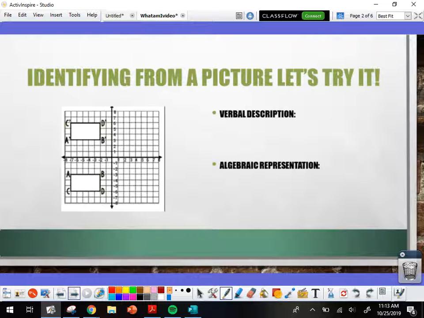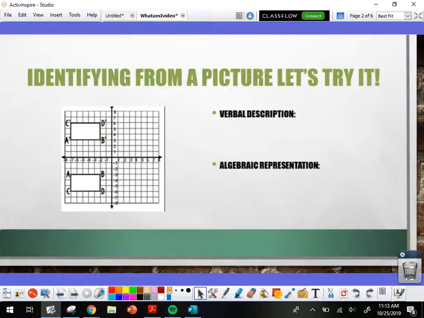So let's try it. So here we have a shape, and we know that this shape right here is the original, the pre-image, and we know that this shape right here is the image, and we know that because we see the prime symbols here on these points.